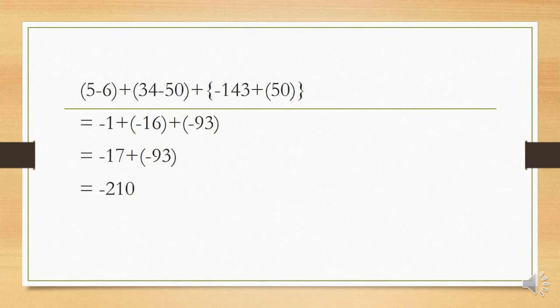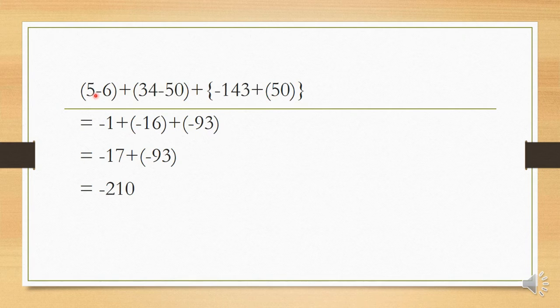Another example of operations on integers involving different signs: quantity 5 minus 6 plus quantity 34 minus 50 plus quantity negative 143 plus positive 50. First, we follow PEMDAS in solving this problem. PEMDAS stands for parentheses, multiplication, division, addition, and subtraction.